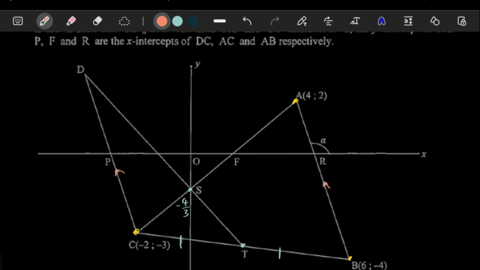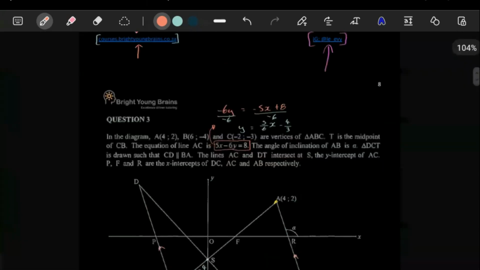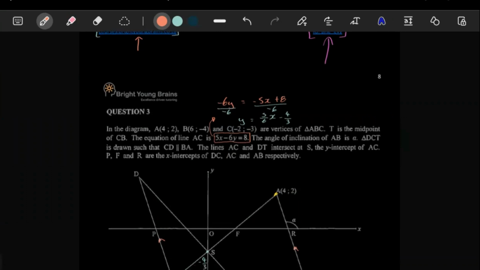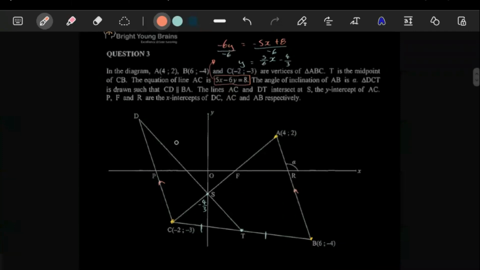And then, with all this being said, let's see what else they're telling us. They said that the lines AC and DT intersect at S. So there's AC over here, DT over there. They meet each other at the point S. That's just them describing the sketch, nothing major. They intersect at S, the y-intercept of AC.